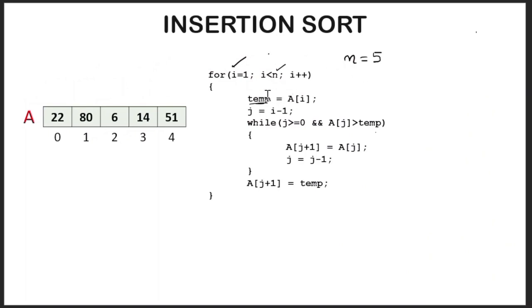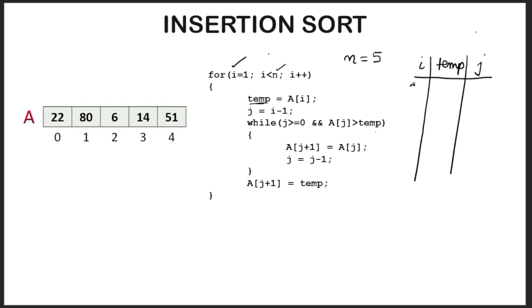So this is temp, used to store the value. Alright. Now J is another variable used to traverse the index of the array. So we can say that I is a variable, temp is another variable that is taken over here, and this is J.